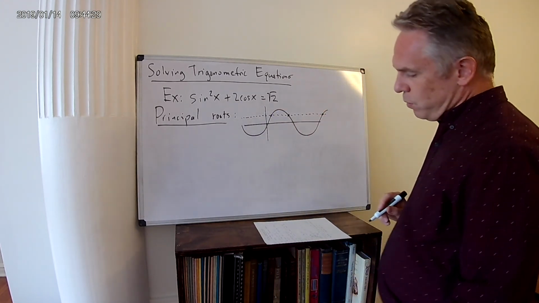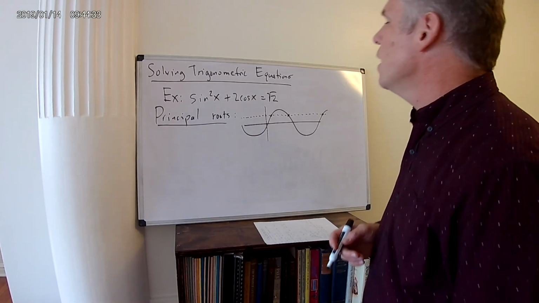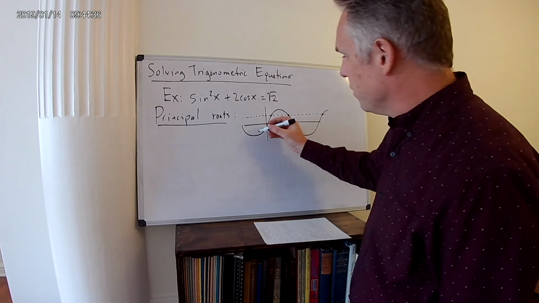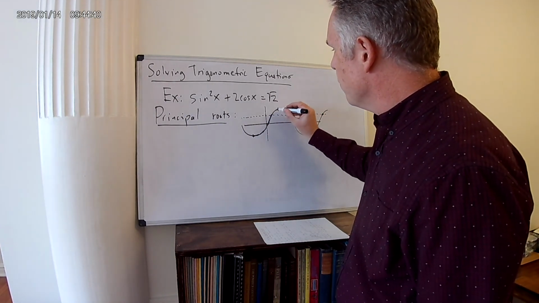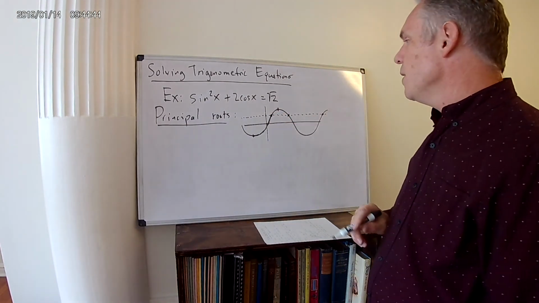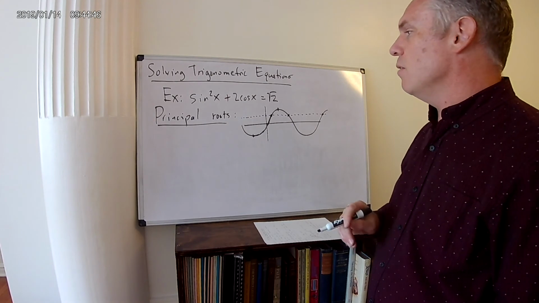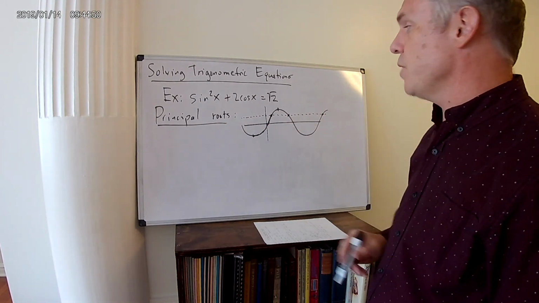The principal root is a solution that corresponds to a particular inverse function. Like sine of x, its inverse is defined just over this region. So we're going to look for a solution that's in the domain of the inverse trig function, minus pi over 2 to pi over 2 for sine of x.